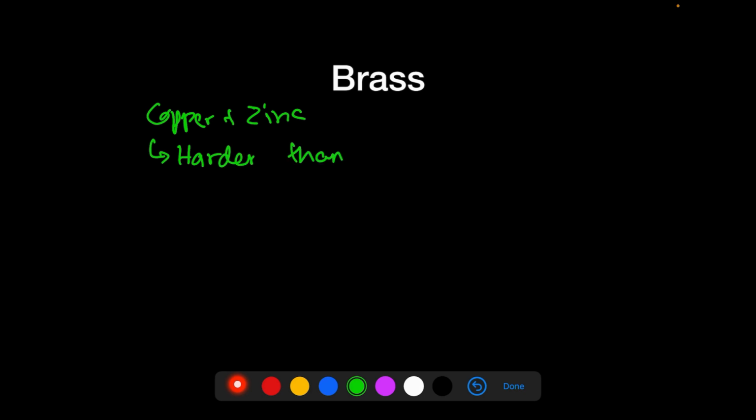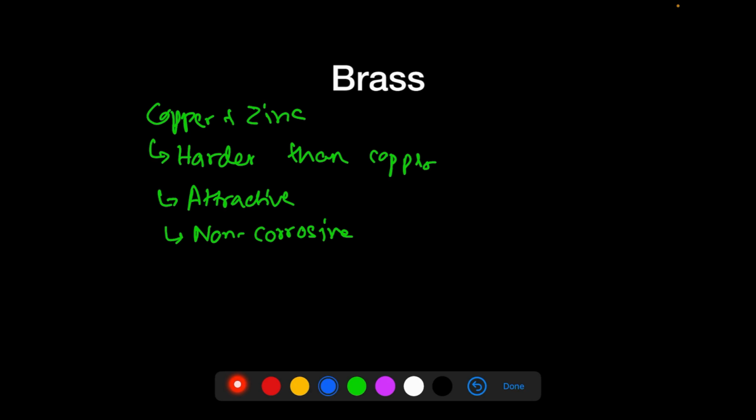Now we look at brass. So brass is copper and zinc. Its special properties: it is harder than copper, it is attractive, and it is non-corrosive. Its uses are musical instruments, ornaments, and doorknobs.